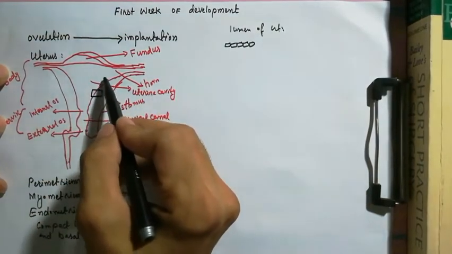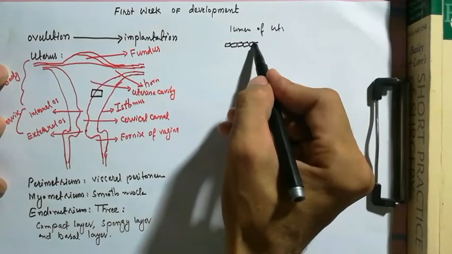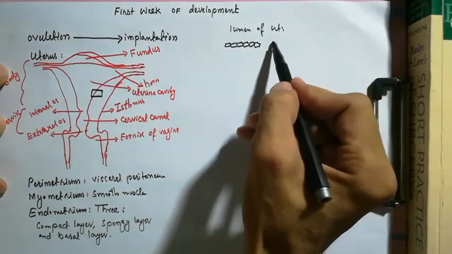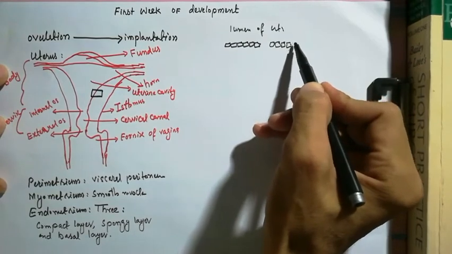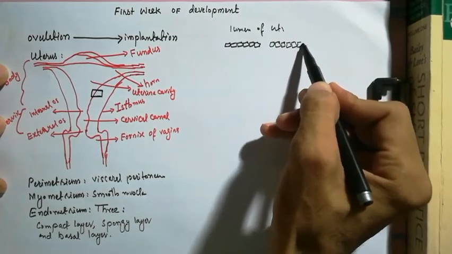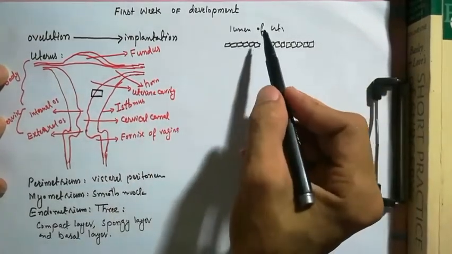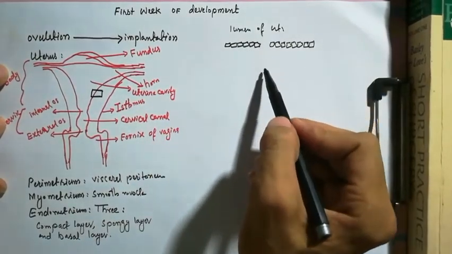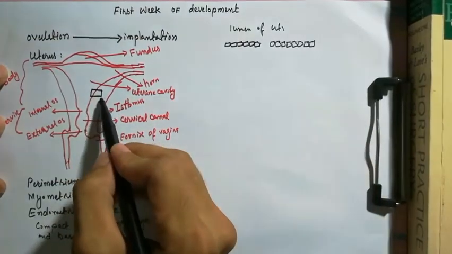Normally, surface of endometrium is covered with epithelium. And in this way we go deep into the uterine tissue.